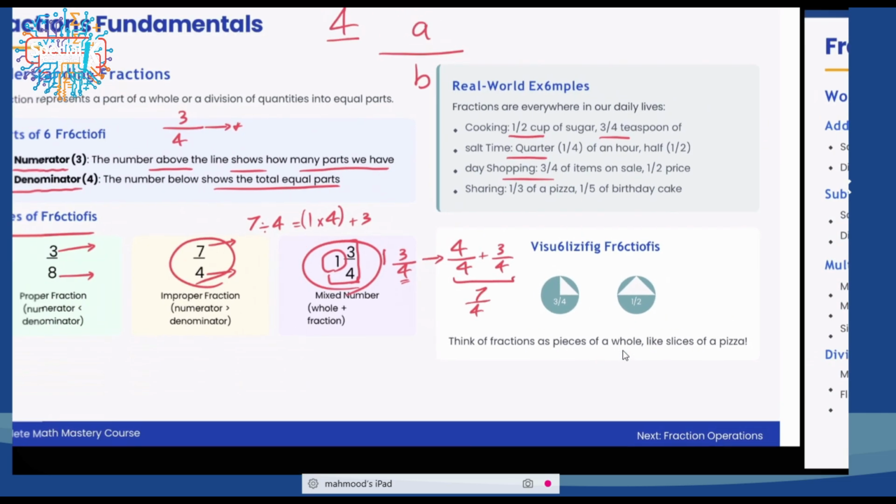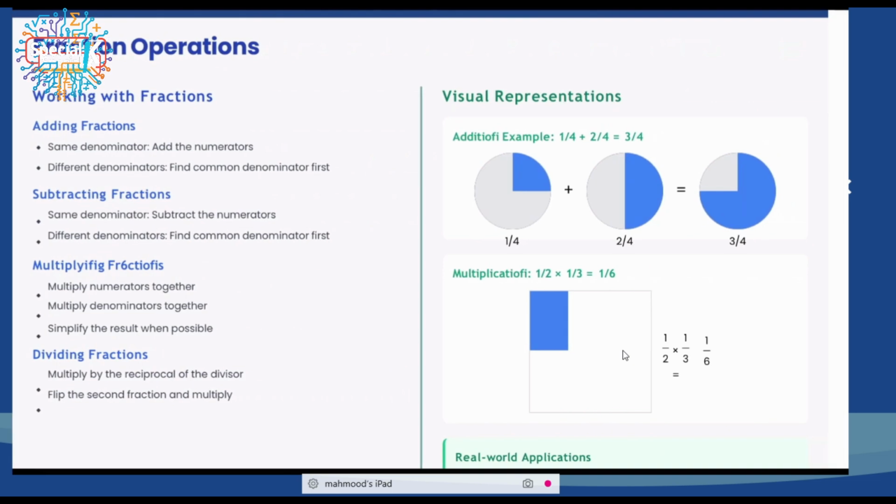So let's talk about fractions visually, how we can show them and how we can add them, subtract them, divide them, and so on. About addition, here is an example: I have 1 over 4, which is like this.